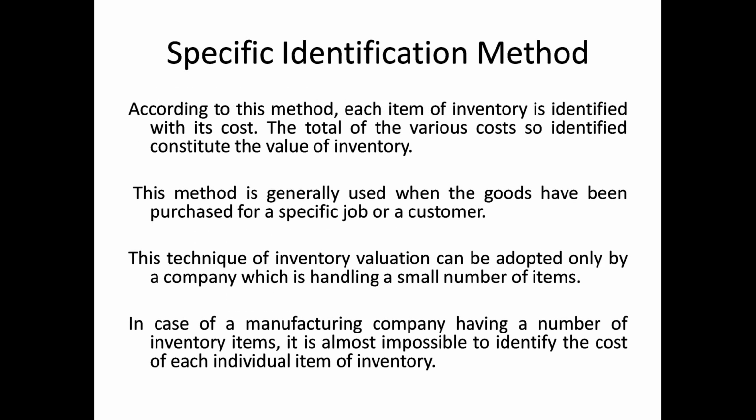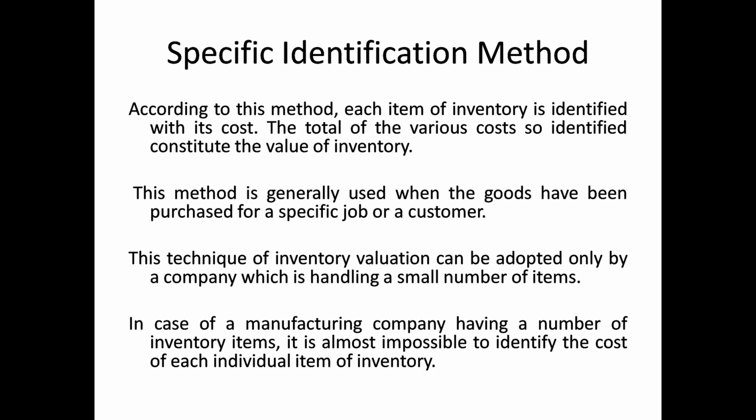Specific identification method. According to this method, each item of inventory is identified with its cost. And under this method, each item of inventory will be having a special barcode or job code. So this technique will be applied only for companies which are handling a small number of items.